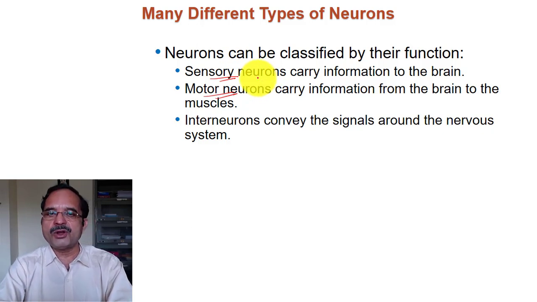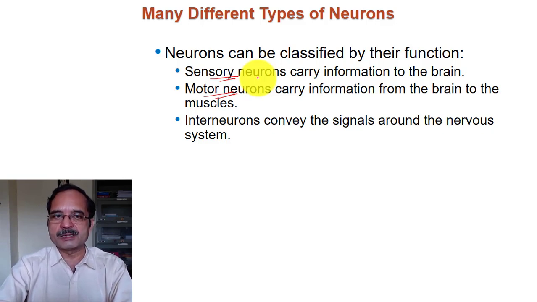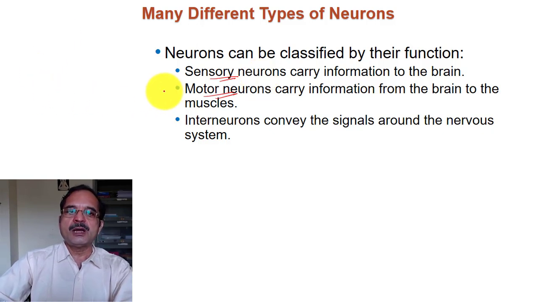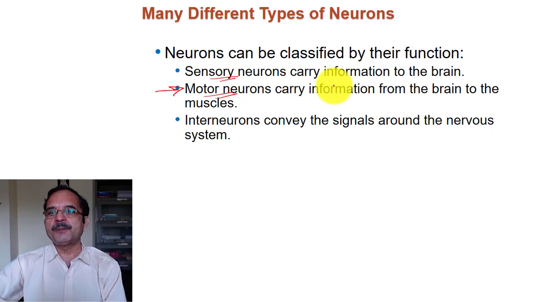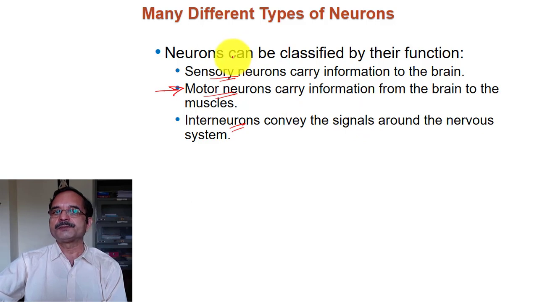Now the other function of these neurons is to carry the signal from the brain and convey it to the muscles for taking some action. Those types of neurons are called motor neurons. So motor neurons carry information from the brain to the muscles, and the third type, interneurons, convey the signals around the nervous system.